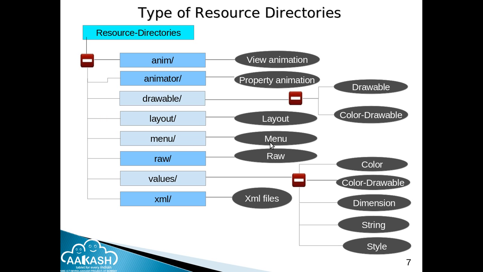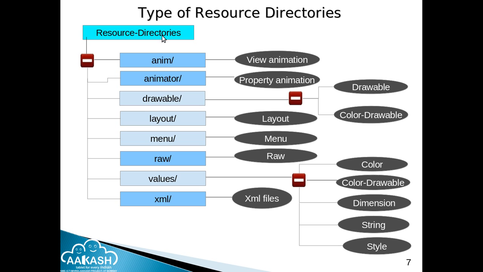Menu is used to store menu resources. Raw is used to store raw resources, which are read-only files like audio or video files. Values are used to store color resources, color drawable resources, dimension resources, string resources, style resources. XML is used to store XML files which are used at runtime.